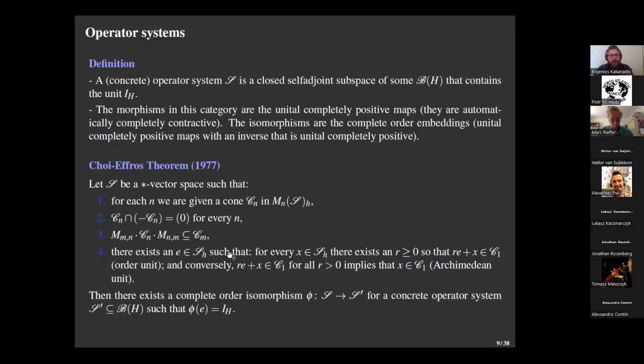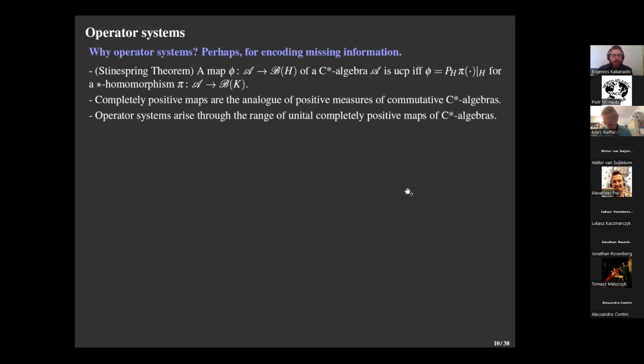The reason that I'm putting it here is because the abstract characterization of an operator system is very useful when it comes to constructions like tensor products, direct limits or co-products. It's a very nice way to show that you obtain new operator systems from older ones. Great.